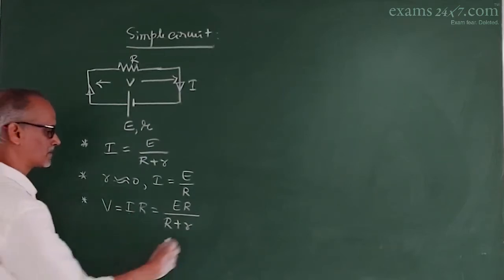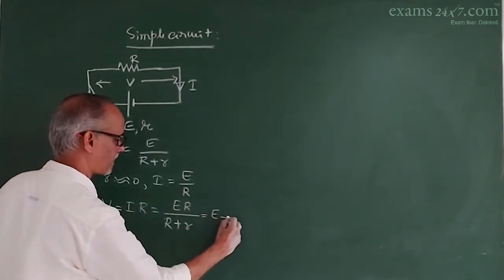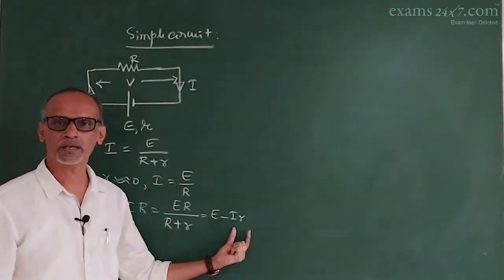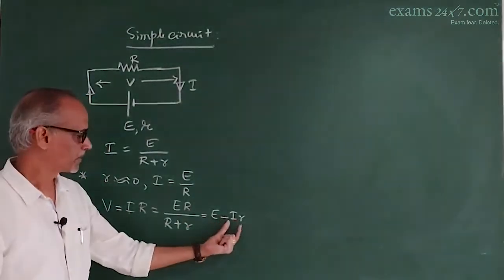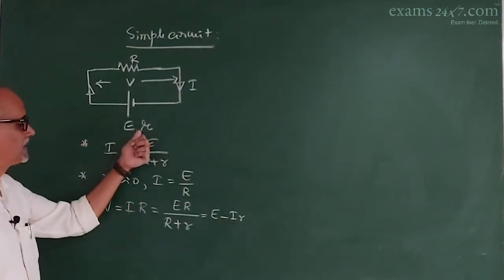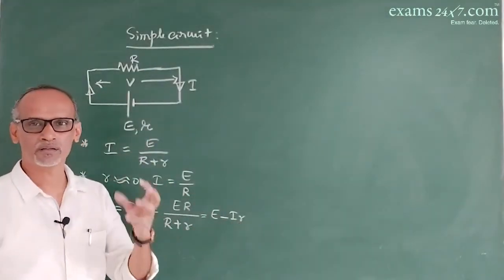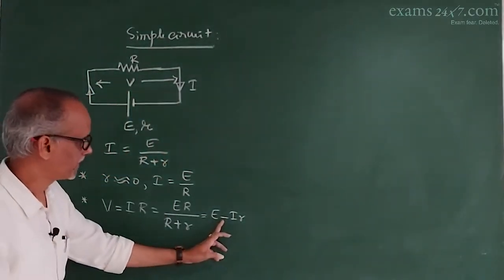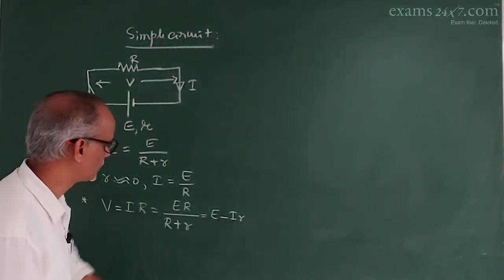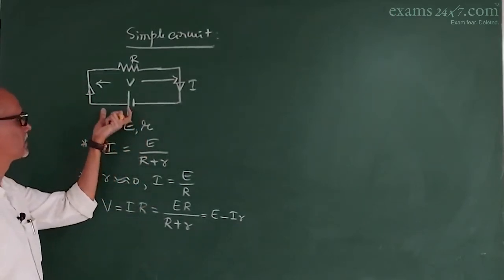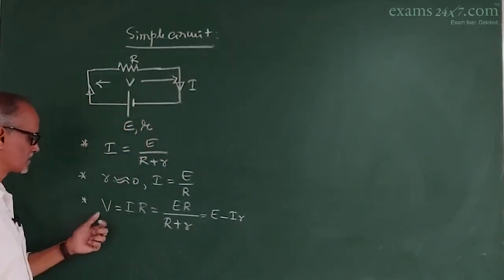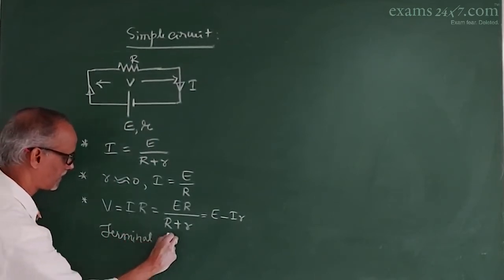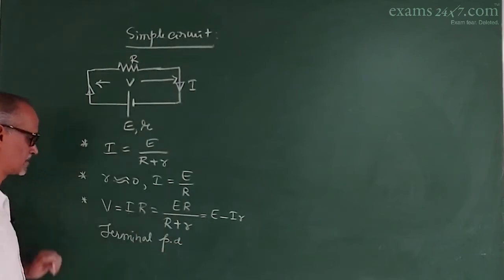And this V is also given by E minus I into r, where I r is the potential difference across the internal resistance, or the loss of energy that takes place due to internal resistance. So this is called the terminal potential difference.